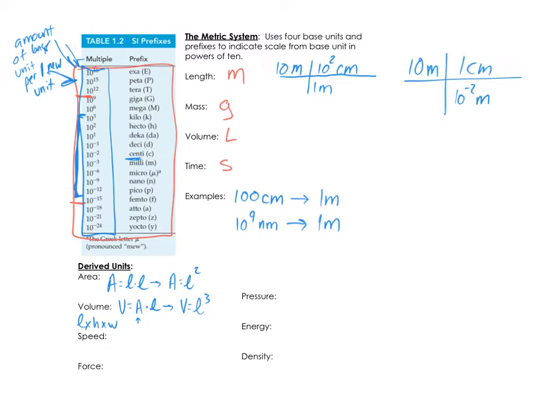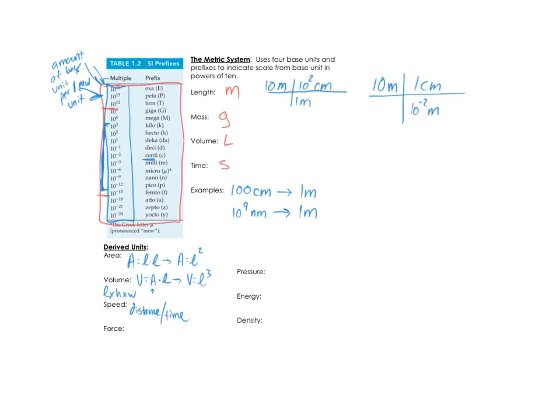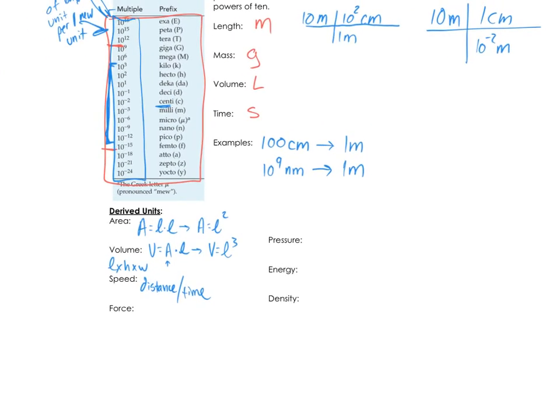Speed is a unit of distance per time. Force is the rate of change of momentum, which we're going to kind of play with a little bit. We can kind of think of this in terms of mass times acceleration. The unit that we use for this, by the way, is the Newton. Pressure is a force exerted over a given area.